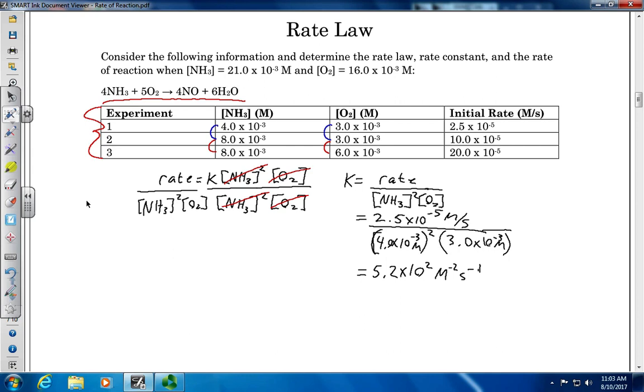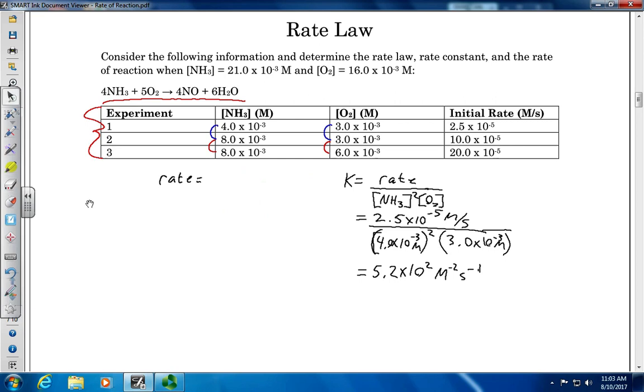So we can rewrite our rate law yet again, this time using all of our known values. So we have 5.2 times 10 to the second power per molar squared per second times NH3 concentration squared times the O2 concentration.